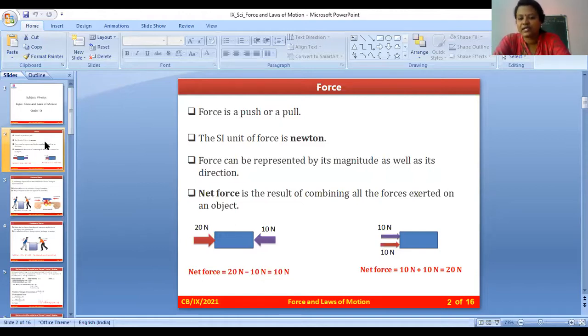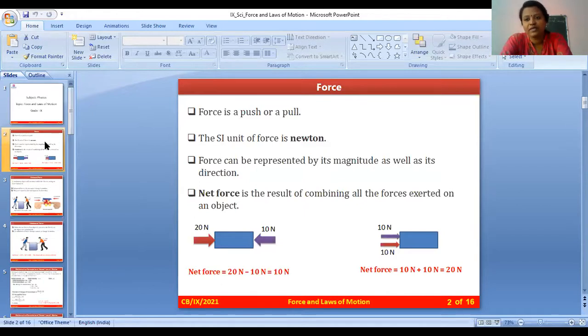So the net force, that is the total force, is 20 minus 10, that is 10 Newton. How has this come up? And could you identify whether the object will be moving towards the left side or towards the right? Yes, it will be towards the left with a total force of 10 Newton, wherein it is being subtracted because the 10 Newton applied from the right side is in the opposite direction to the force applied with 20 Newton.